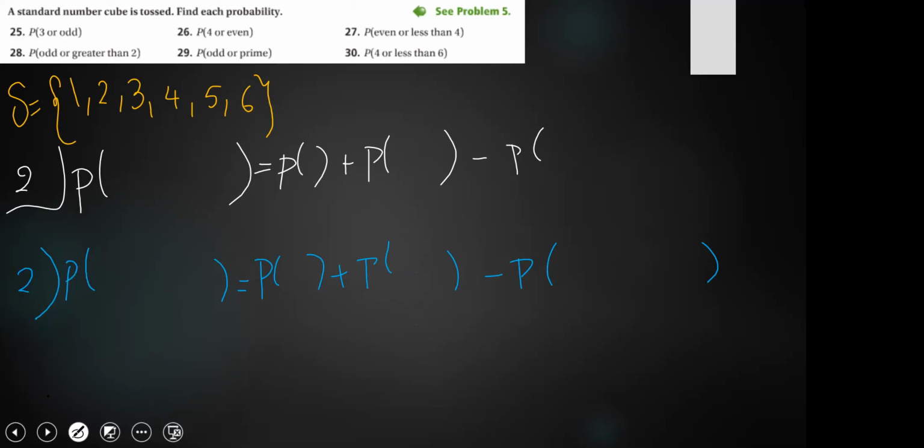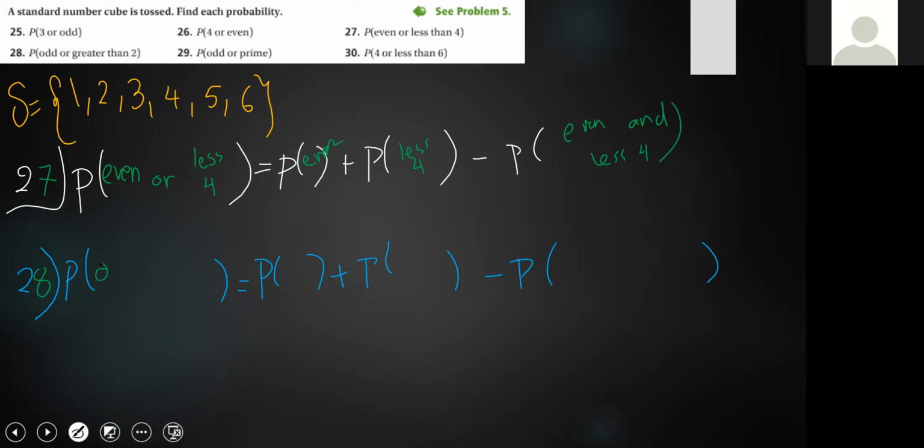Let's solve now number 27 and number 28. Number 27: the probability that it is even or less than 4. I will find the probability of even and the probability of a number less than 4, minus the probability of even and less than 4 at the same time.